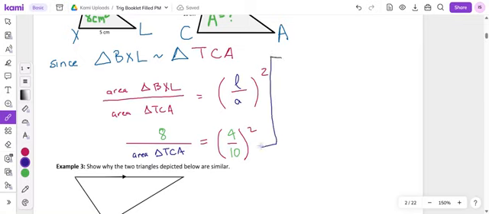So now let's expand this fraction part, this squared part. So I'm going to have 8 over the area. And then with the 4 and the 10, you square each of them. So 4 squared is 16. 10 squared is 100.